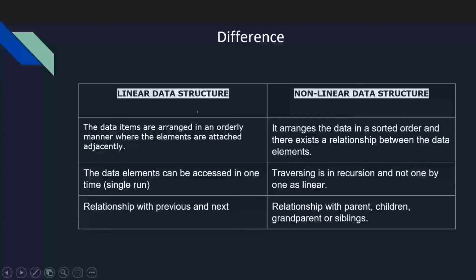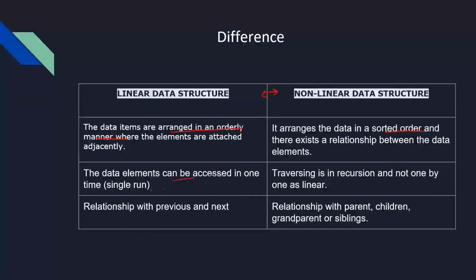As I said, the relationship or structure of a linear and non-linear data structure is the primary construct from which they are defined. Correct? Consider linear data structures: their arrangement is in an orderly manner, one after another, and in non-linear, they are not in order. The relationship between two nodes, I would say, is different.